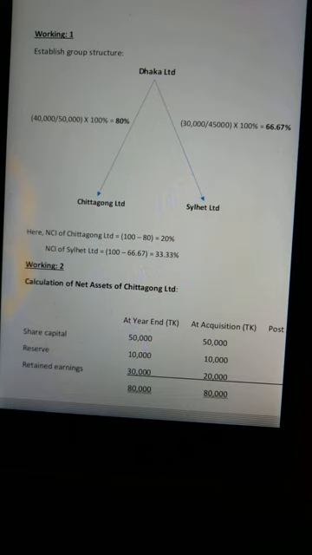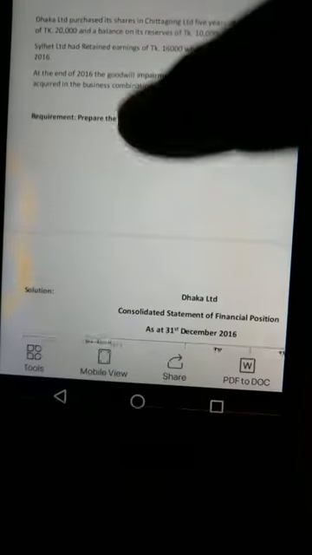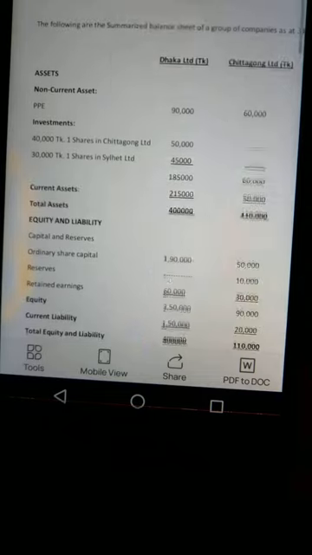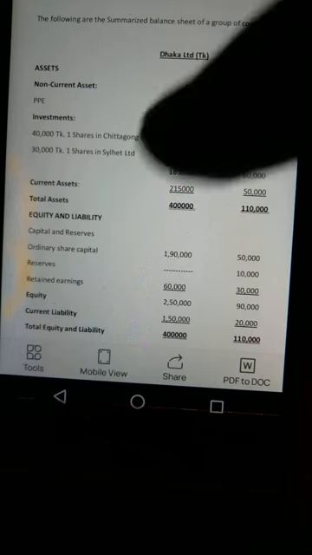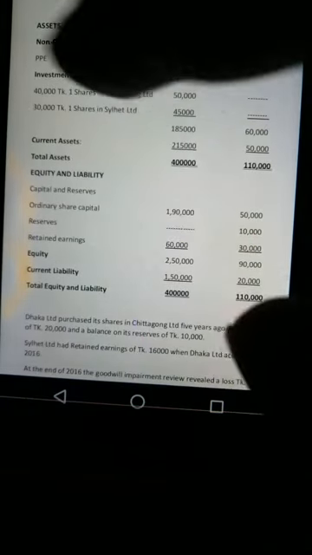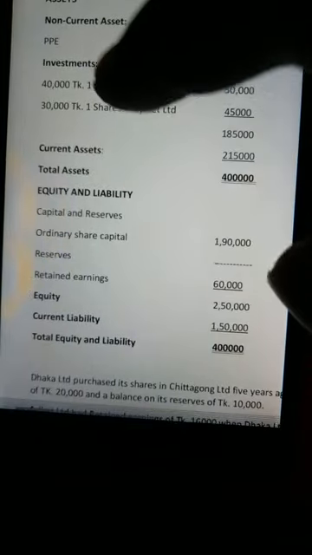If you compute most consolidated financial statements, you will find that most of the time the percentage or fractions are given in the investment section.